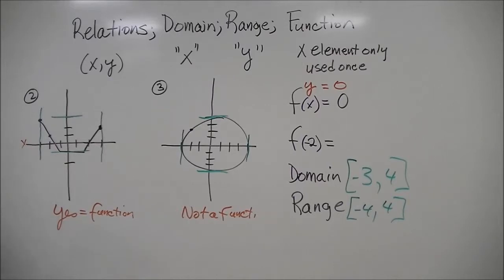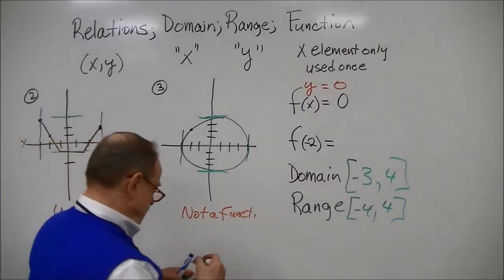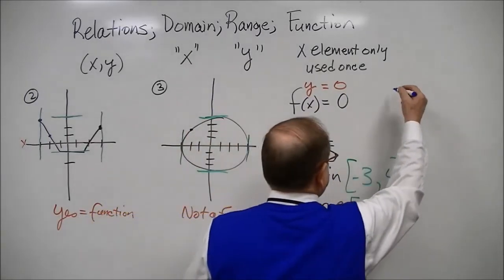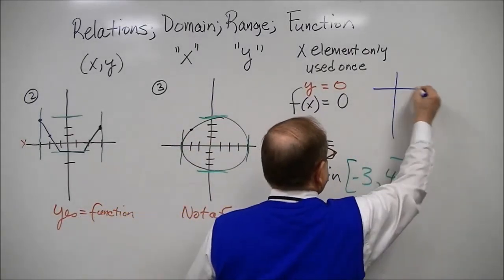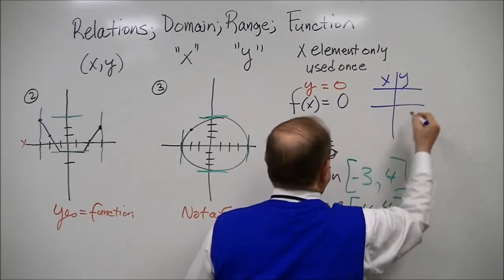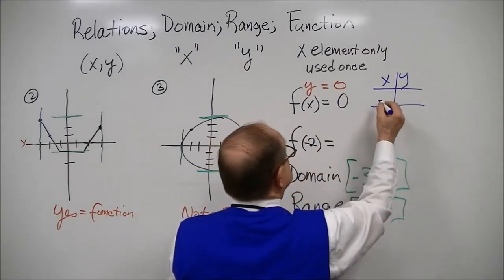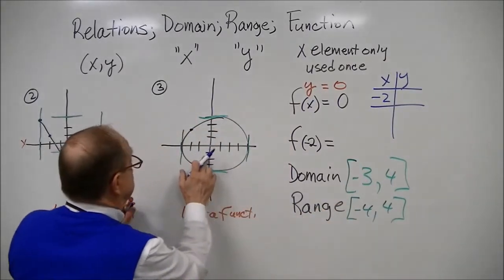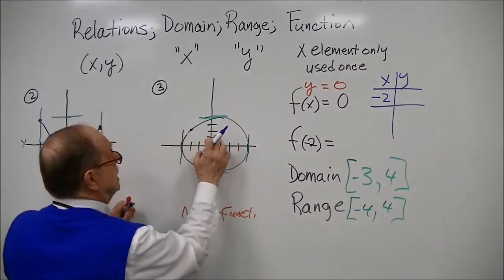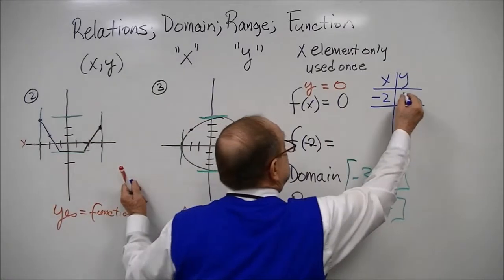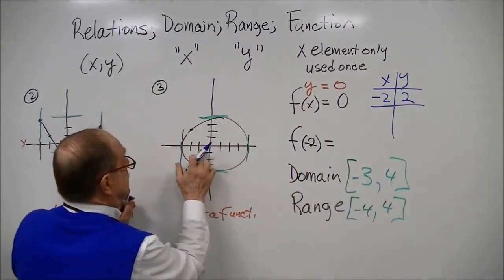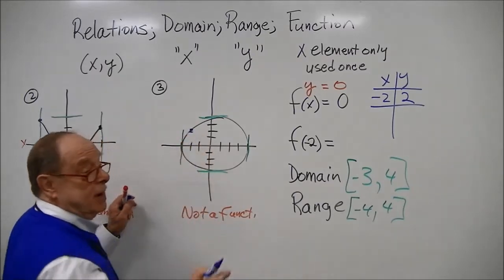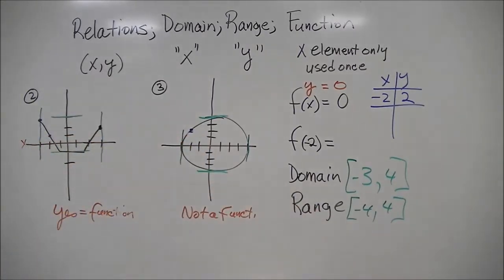And if f, make our little graph. If f is a negative 2, our x value, it looks like our y will be a 2. So if x is a negative 2, we go up. And again, my graph may not be the best.